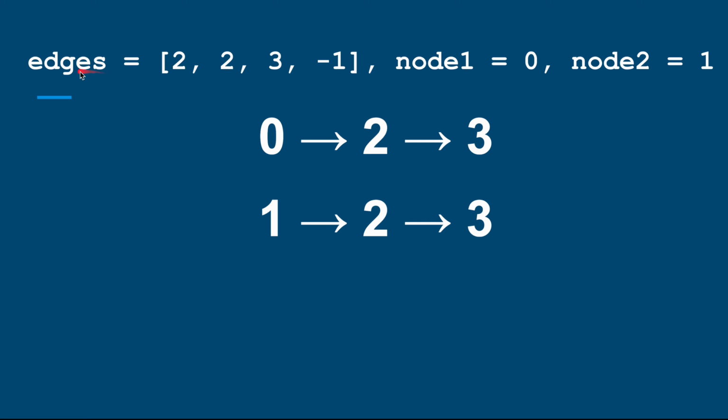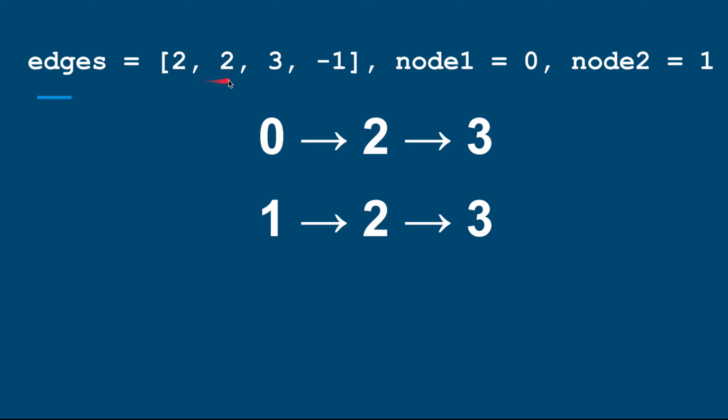So as you can see, we have been given these edges. We have already seen the graph in LeetCode, right? So the edges given are 2, 3, -1, and node 1 is 0, node 2 is 1. What does it mean? This is index 0, this is 1, this is 2, this is 3, right? So 0 has an outgoing edge to 2, so we are representing 2.